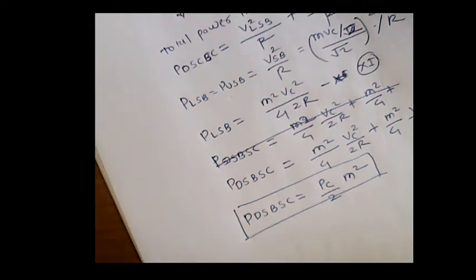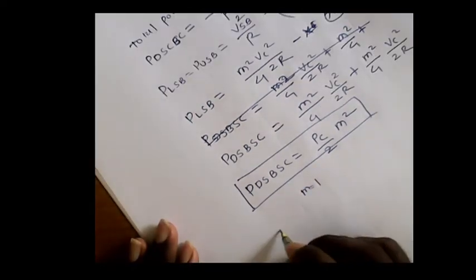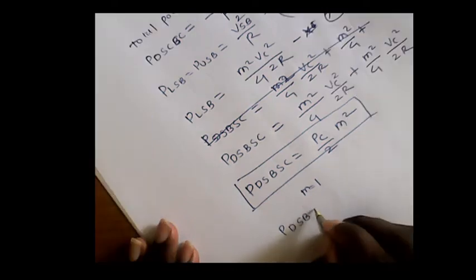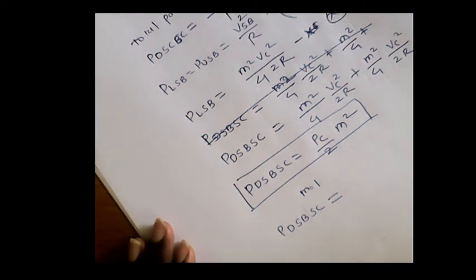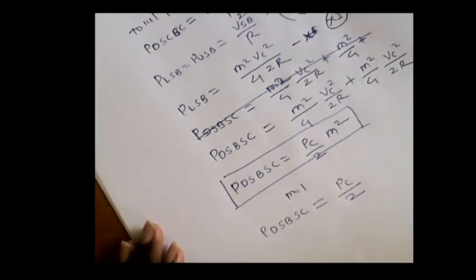So when we put m equal to 1, modulation takes 1, then we can say that the power requirement to transmit the double sideband suppressed carrier to transmit the information is half of the carrier wave.